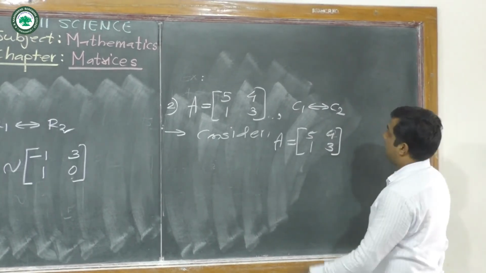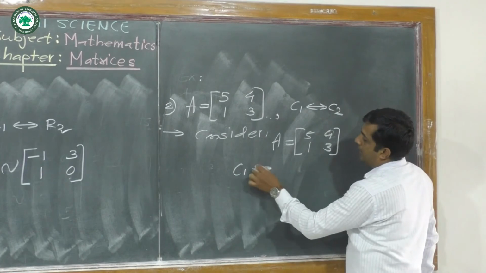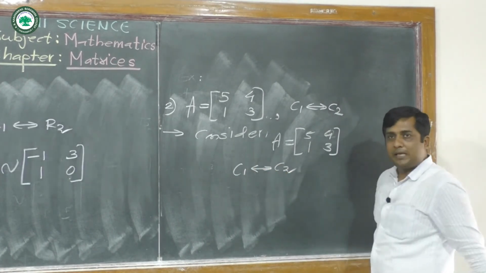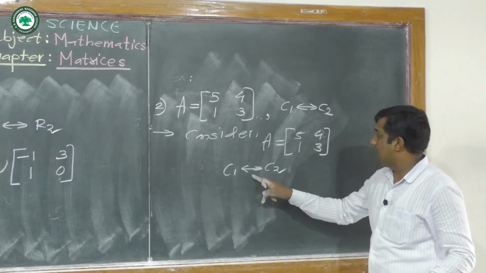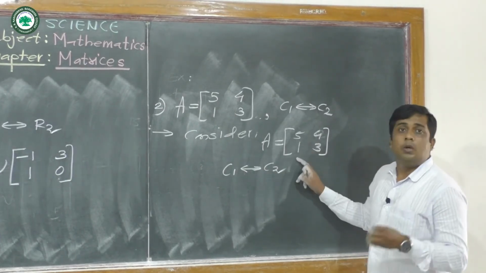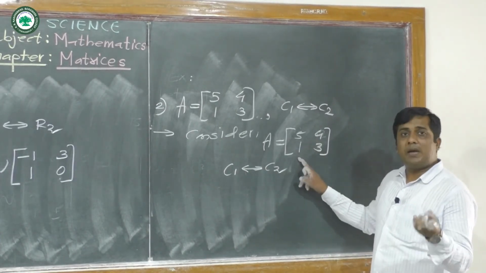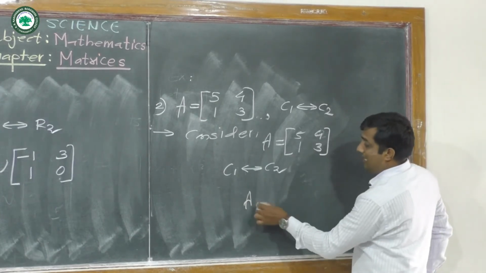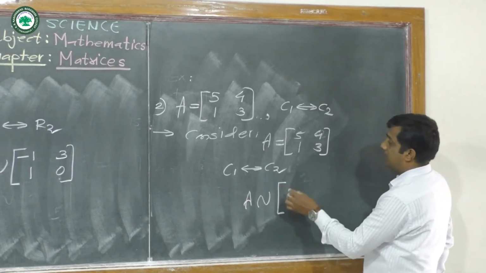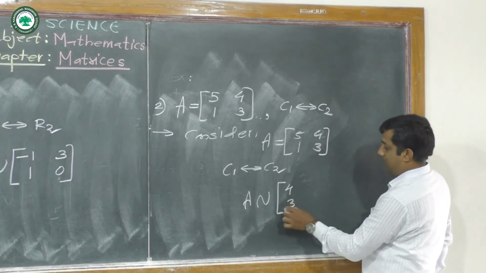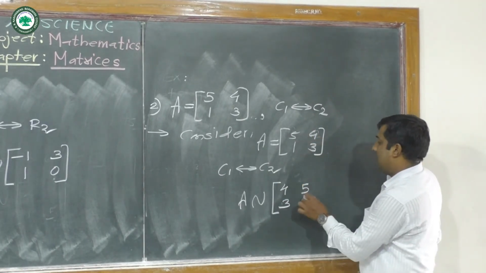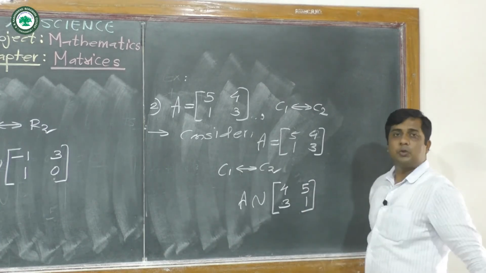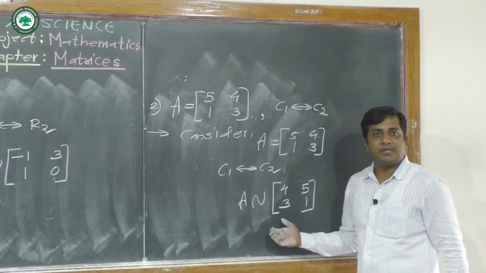Here the transformation given is C1 interchange with C2. That is, we have to replace our first column, C1 double arrow C2, by using the second. So here in the new equivalent matrix, 4 3 is in the first column and 5 1 is in the second column. So this is our new equivalent matrix.